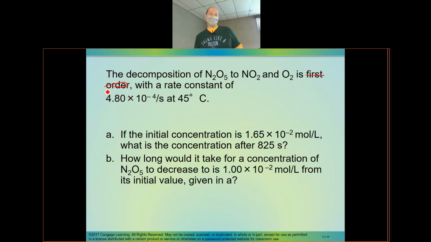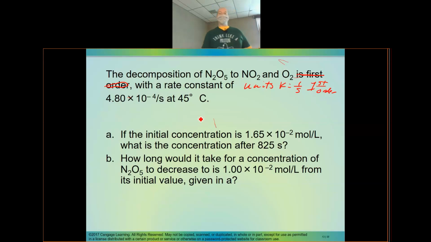So the question on the test will say the decomposition of N2O5 to NO2 and O2 has a rate constant of 4.80 times 10 to the minus 4 per second at 45 degrees Celsius. So when I see the units for k as 1 over seconds, then I know it's first order.